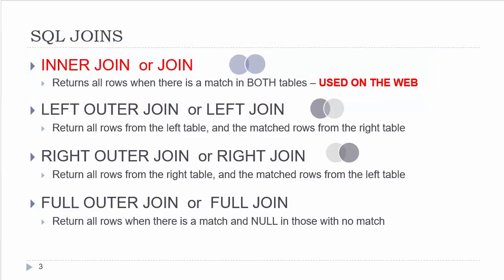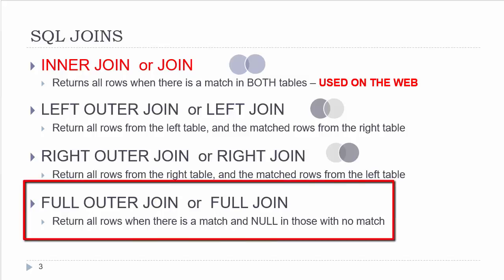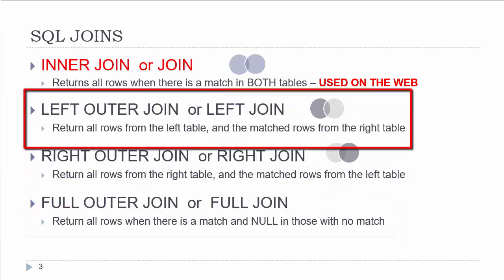However, there are other types of join: left join, right join, and an outer join. An outer join will return all the rows when there is a match and also with null. A left join will return a match from those in the right table plus all the records in the left, regardless of whether there's a match.